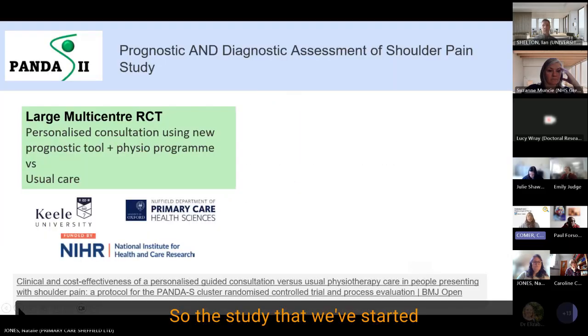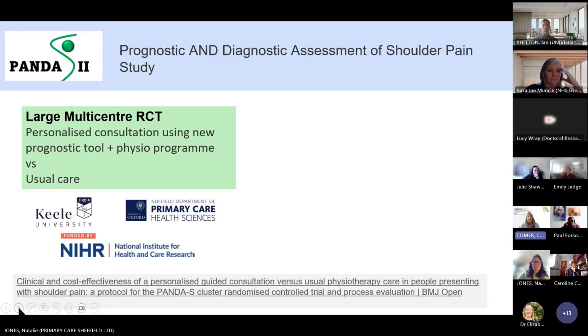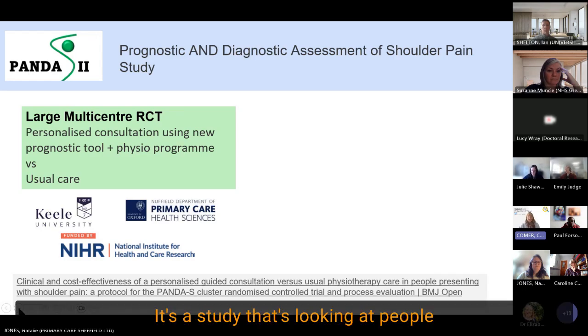So the study that we've started using it on is a big multi-centre randomised controlled trial. It's a study that's looking at people who've got shoulder pain, and it's our physiotherapy team who are running the study, and I'm the PI for this study.